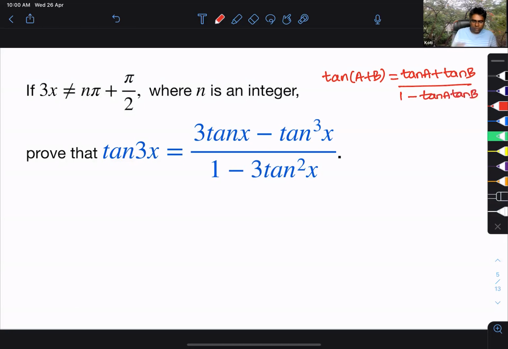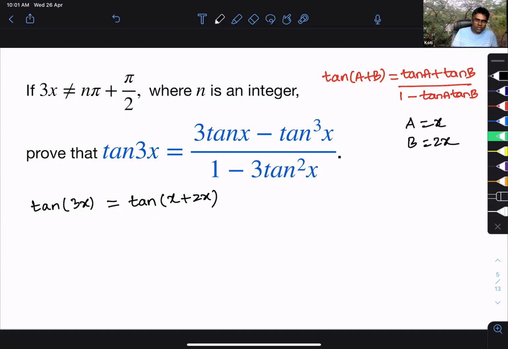Here, let's split the left-hand side, tan of 3x, as tan of x plus 2x. So my a will be x and b is 2x. These are the substitutions that I make.